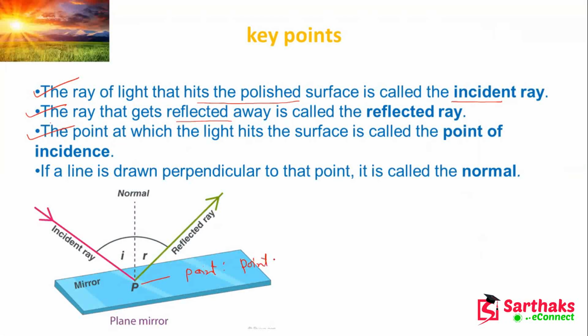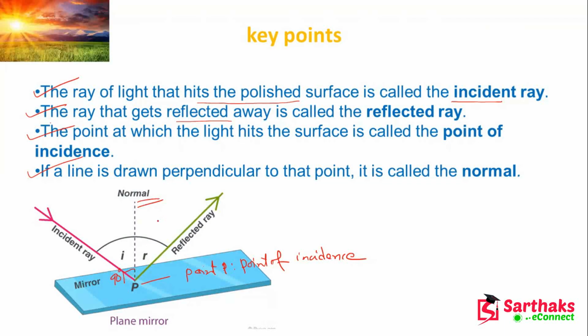The point at which the light hits the surface is called the point of incidence, point P. And if a line is drawn perpendicular, at 90 degree, to the surface at this point, then this is called the normal.